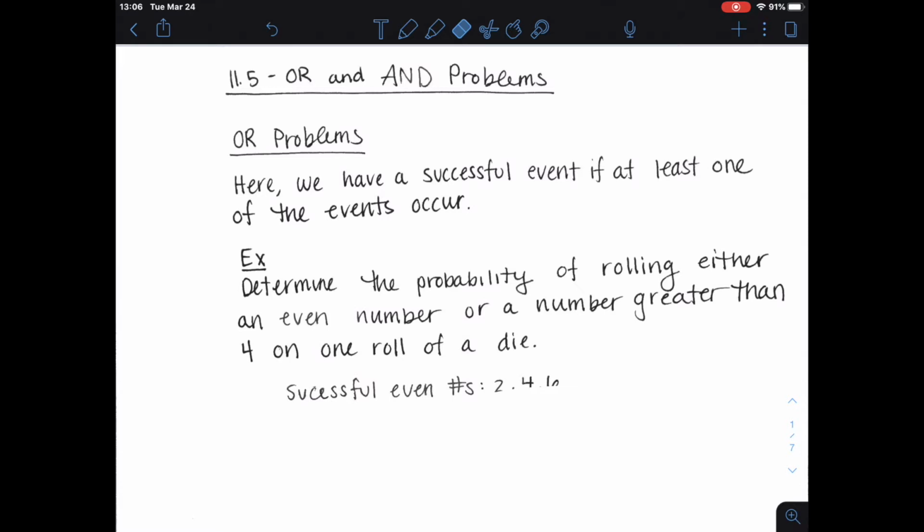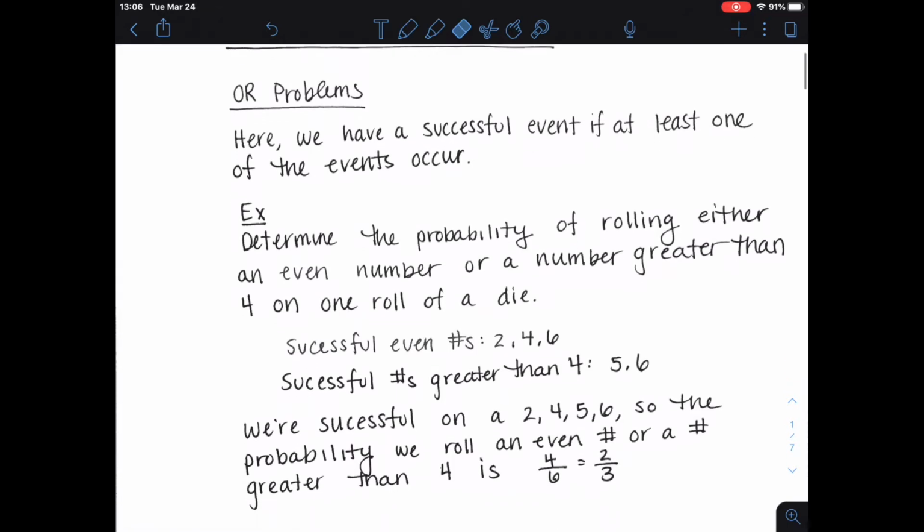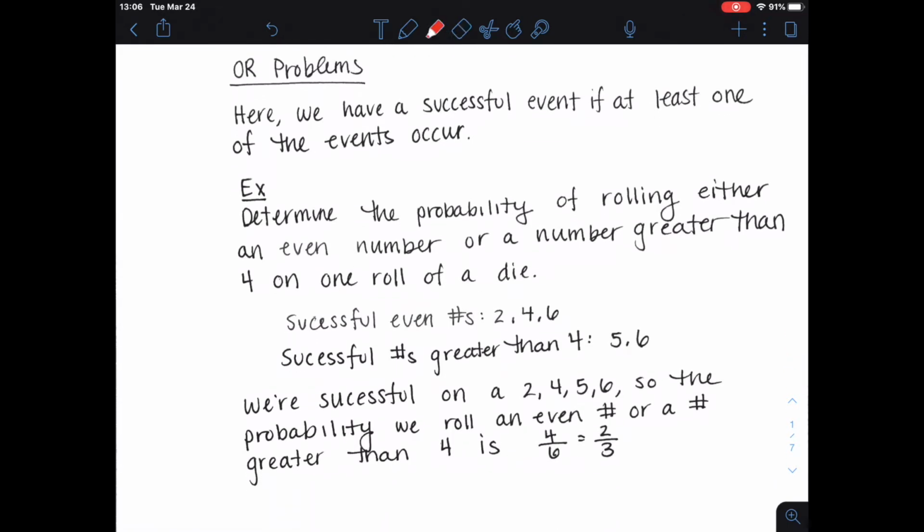The first event is we could have an even number. So our successful even numbers would be 2, 4, and 6. The second possibility of us being successful is we get a number greater than 4. So the successful greater numbers are 5 and 6. Basically, we're successful on one of these even numbers, 2, 4, or 6, or also a 5 or 6.